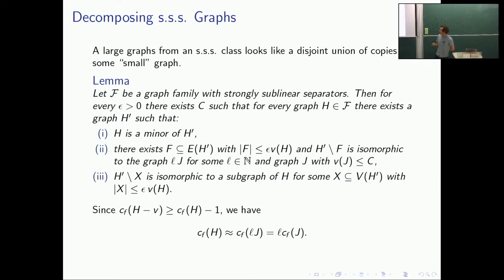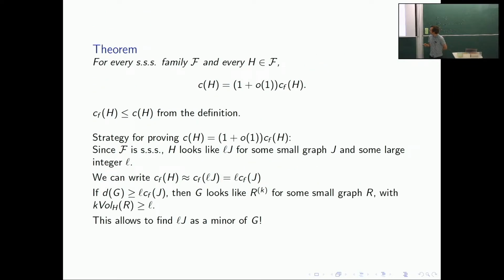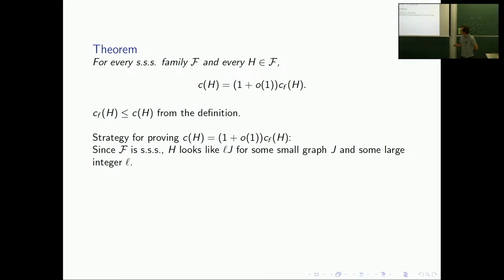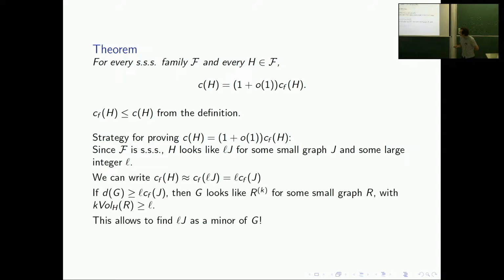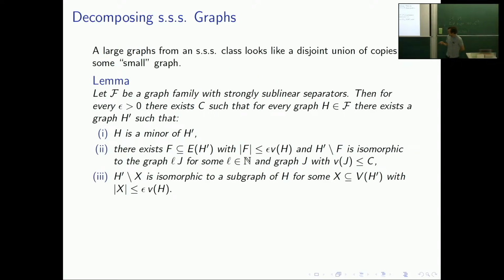However, that's not actually quite enough anymore. So if we look at this, what we actually find here is that we get L times J as a minor of G, but we need actually to find H as a minor of G, or maybe H prime. But we are only missing a very small number of edges.